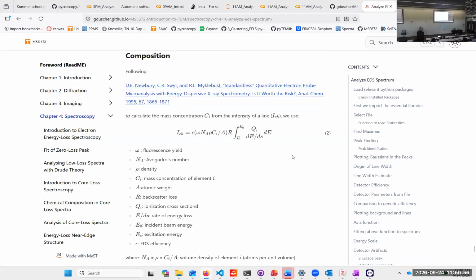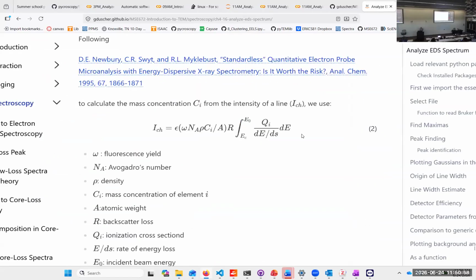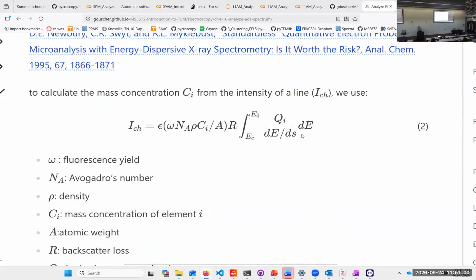Now we come to the composition. The key thing is that the composition is, as we said earlier, directly related to the number of atoms, linearly dependent. If it were not linearly dependent, we would be in big trouble, right? But that makes our life easy because we know that all our intensities are linearly dependent.